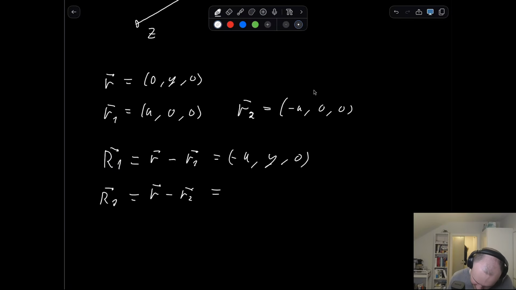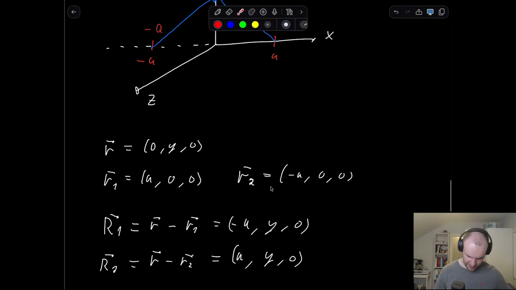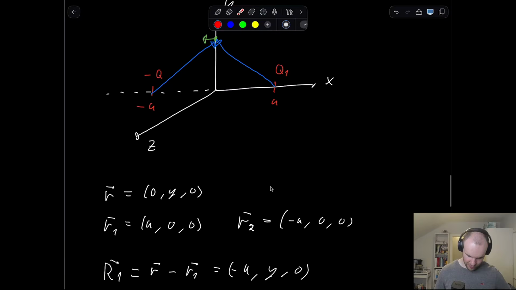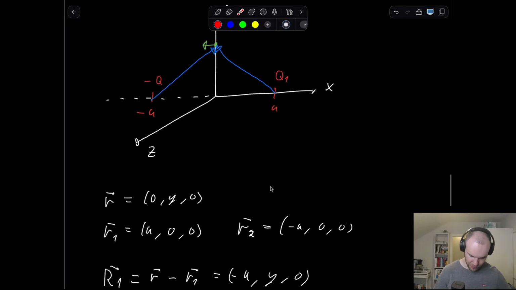Now the x component of R is 0, so minus minus is positive A. And then we just have Y and 0. So those are our two vectors. The first one is minus A, and is that correct? Let's see. For R1, we go minus A, and then we go positive Y.